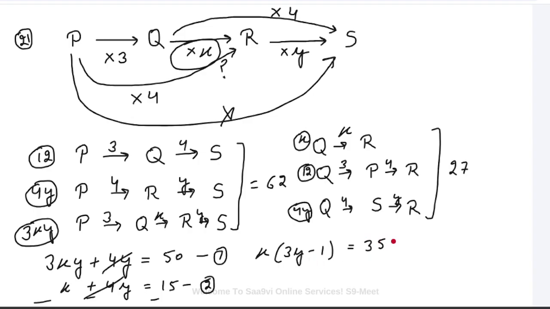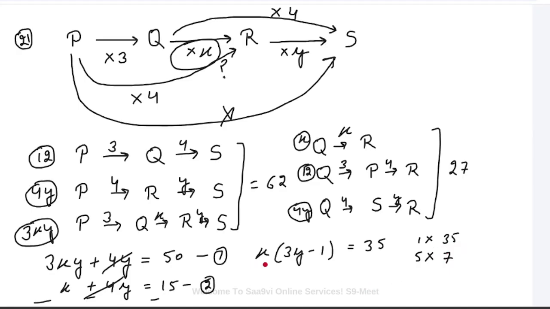Now how can we get 35? The two factors of 35 can be 1 into 35, 5 into 7, 7 into 5, or 35 into 1. These are the only four possibilities.